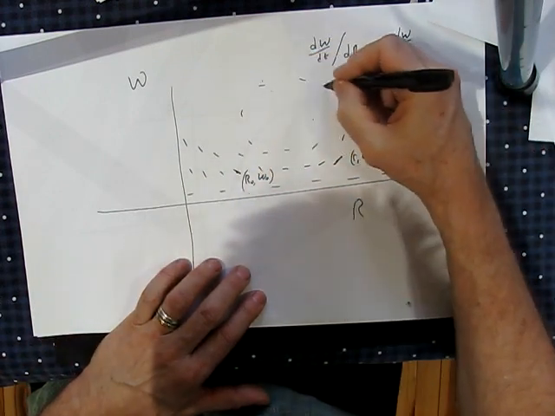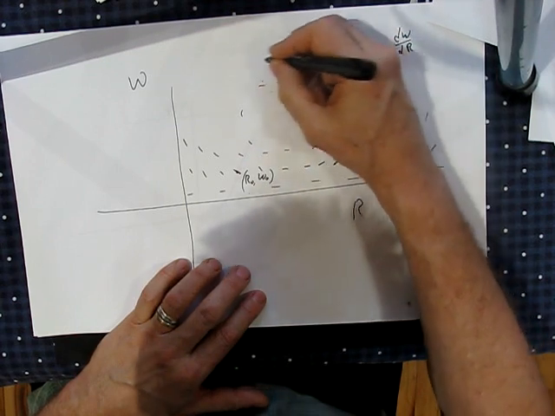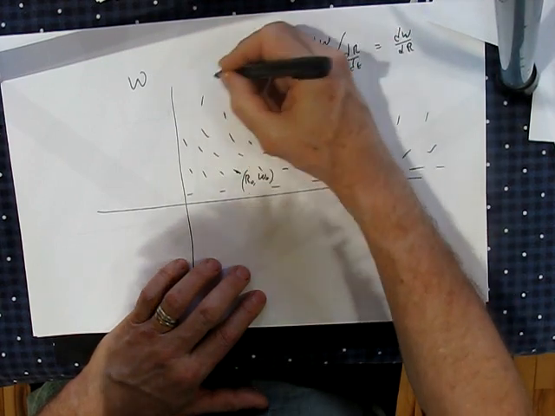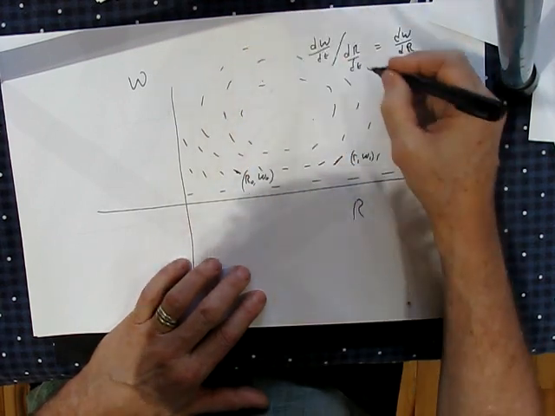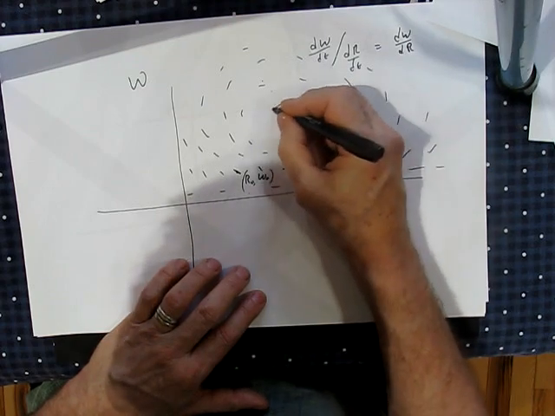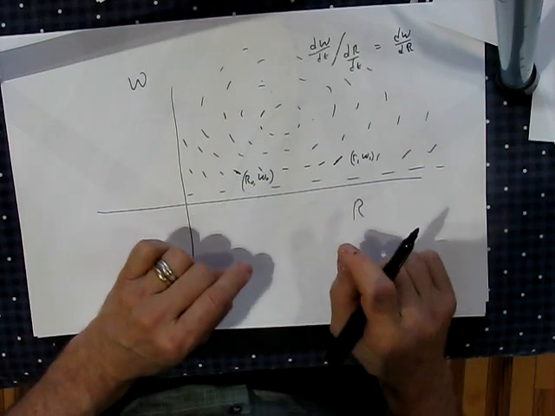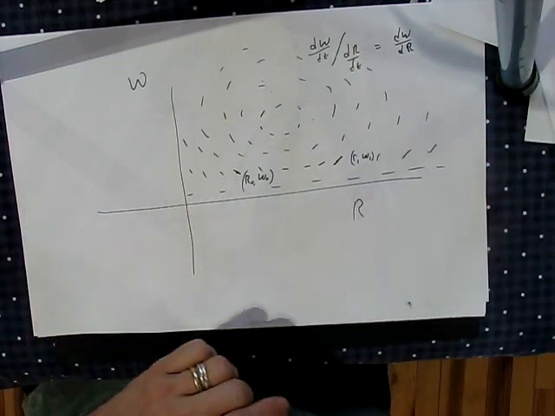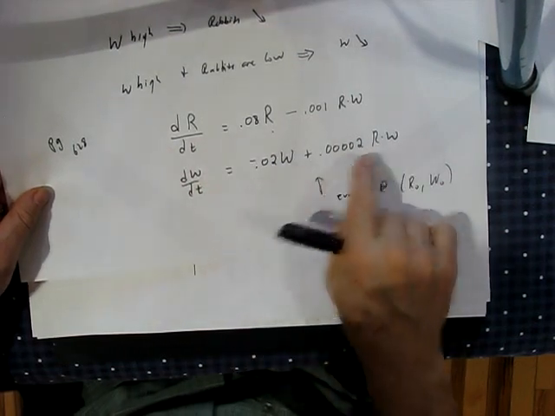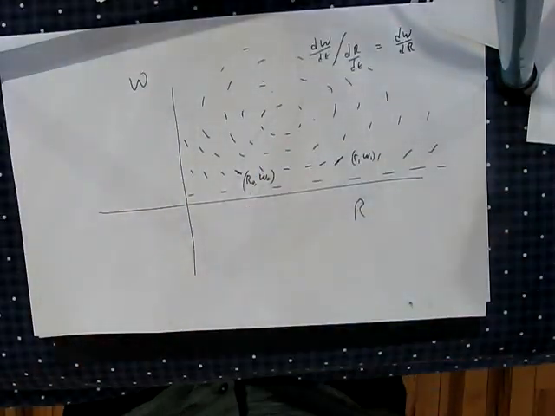I'm going to put in lots of them in a different way. It turns out if we take lots of different points and we evaluate this original strange coupled differential equation at various values of R and W and then take their quotient, we start getting values like this.